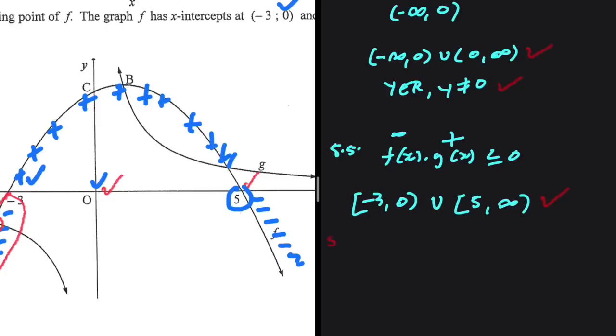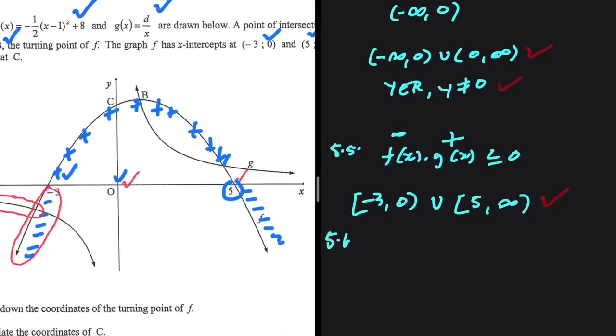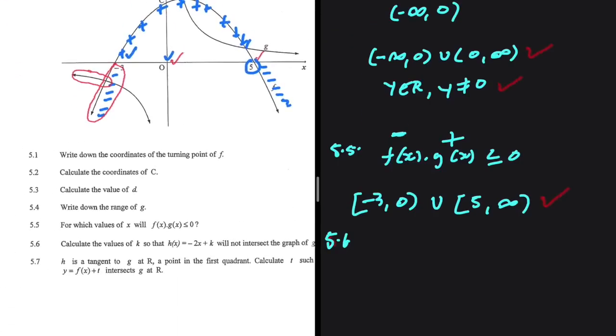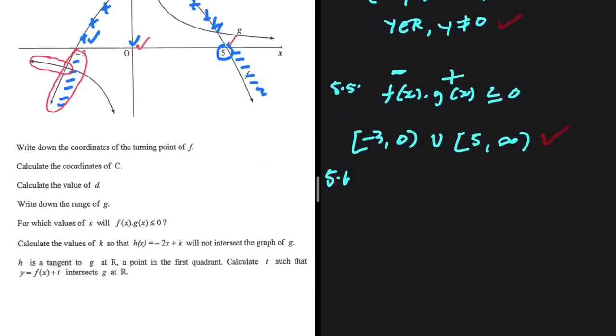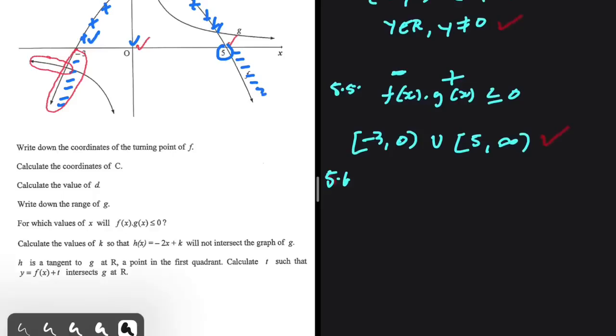Let's go ahead and do 5.6. 5.6 and 5.7, that's where things start getting a bit interesting, but there ain't nothing to it but to do it. Let's take a look. Calculate the values of k such that h of x equals minus 2x plus k will not intersect the graph of g.